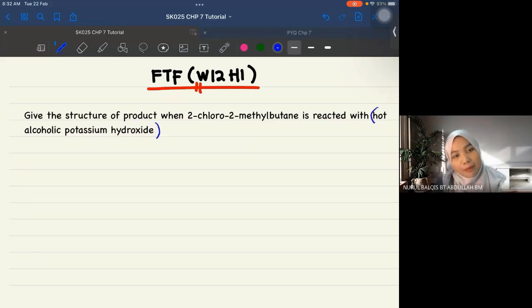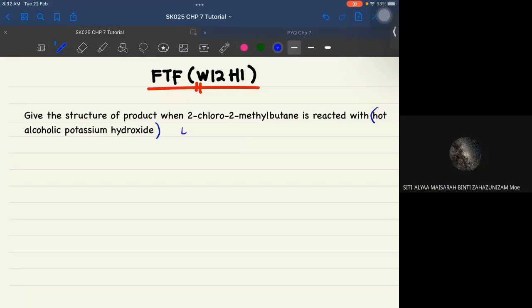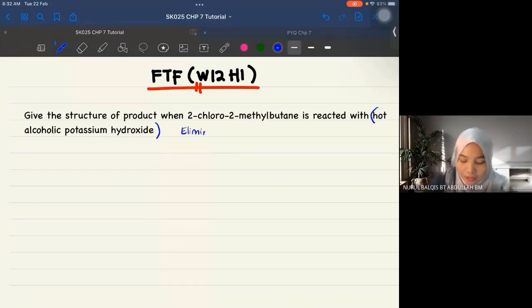Ini apa type of reactions dia? Kita ada 3 semuanya. This belongs to siapa? We have nucleophilic substitutions. We have nucleophilic additions. The other one belongs to? Elimination. Yes, elimination.